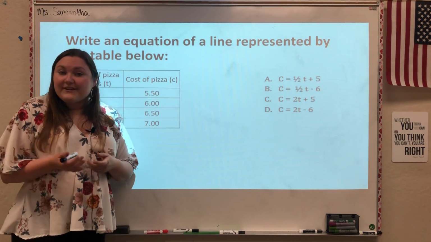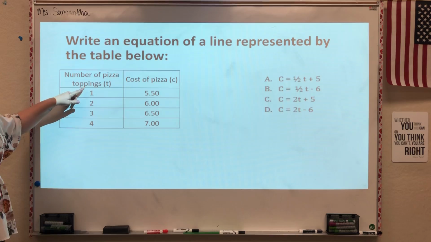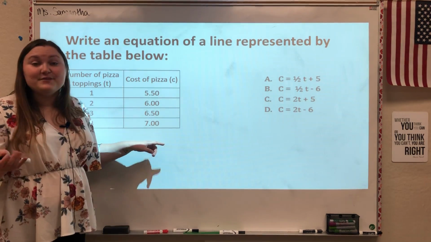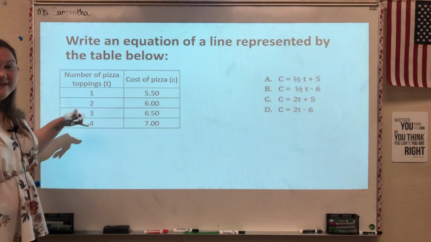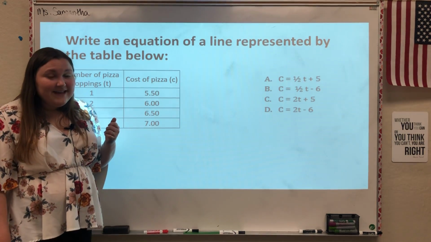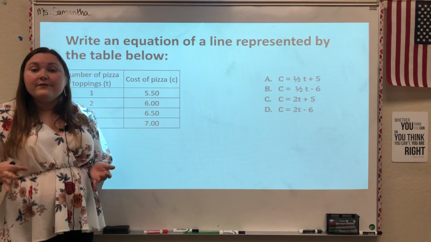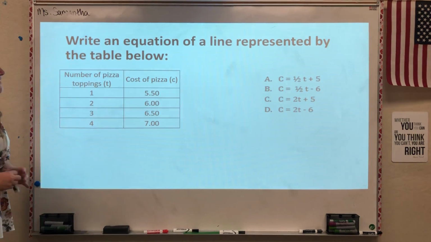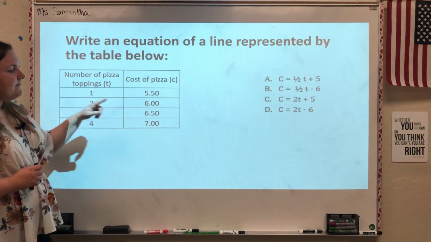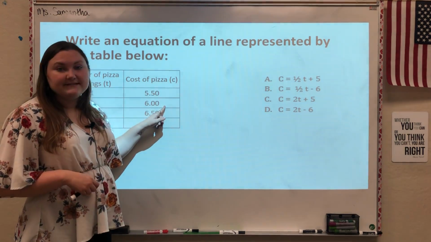Some of the other observations I've gotten in the past is more toppings on the pizza mean it costs more, and that's a great observation. It means as you add in more toppings, the cost is going up. Sometimes when students say that, I prompt them for a little more information, and usually at some point someone in the class notices that if you go up another topping, the cost goes up 50 cents.